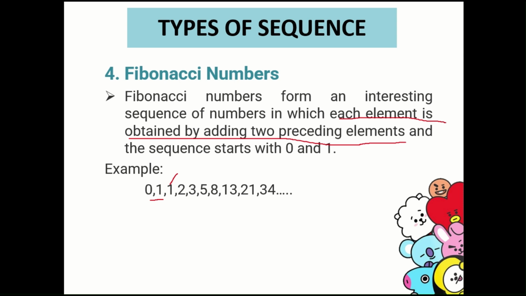Then the next 2 preceding, 1 plus 1, 2. 1 plus 2, 3. 2 plus 3, 5. 3 plus 5, 8. 5 plus 8, 13. 8 plus 13, 21. 13 plus 21 is 34. And that is how we identify this one as forming an interesting sequence.